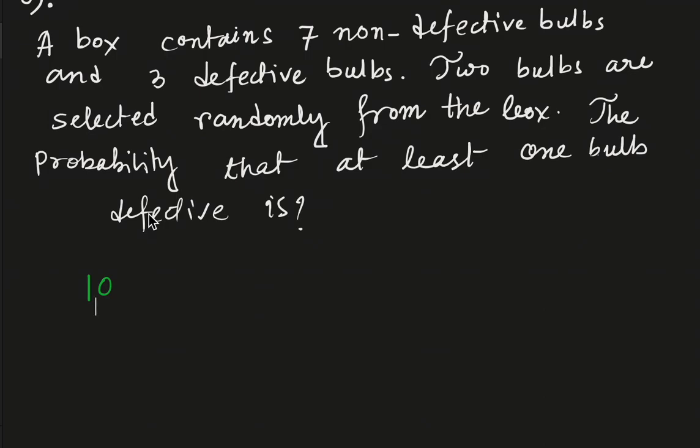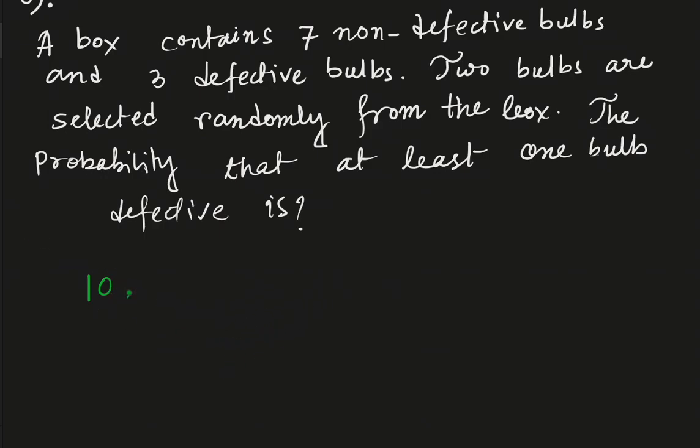Suppose the 10 bulbs are distinct, that you actually know which bulb is which. Suppose every bulb has a number 1, 2, 3, so you know this bulb is number 2, this bulb is number 3. Now how many ways can you choose 2 bulbs out of them?